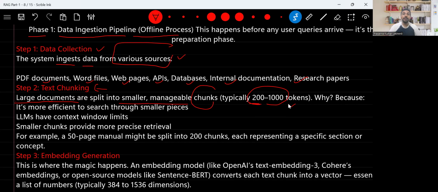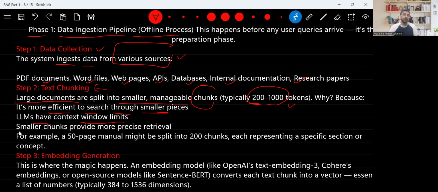That's why your response will be qualitative, because it is more efficient to search through smaller pieces. If you give a large document and your context query is searched against the database, it will be difficult. If you give small pieces of document, then it will be easy to retrieve the context. Also, LLMs have context window limits.